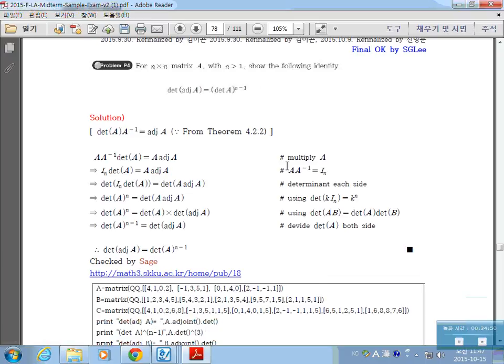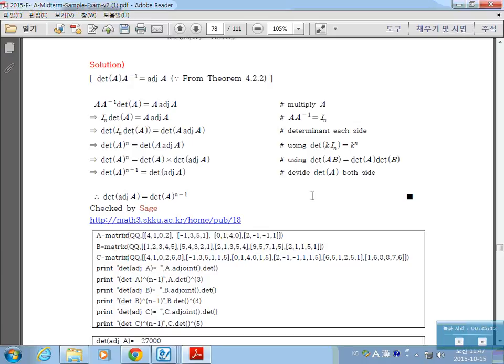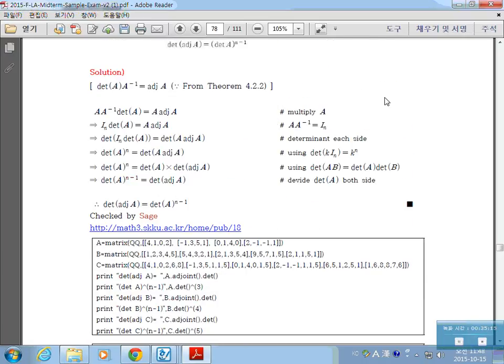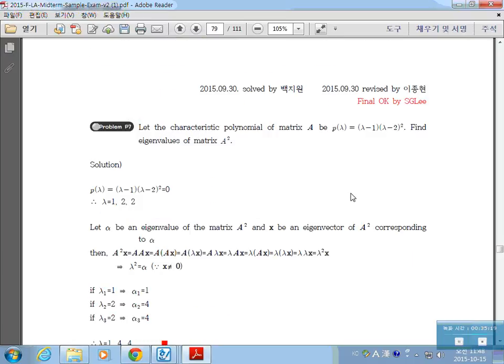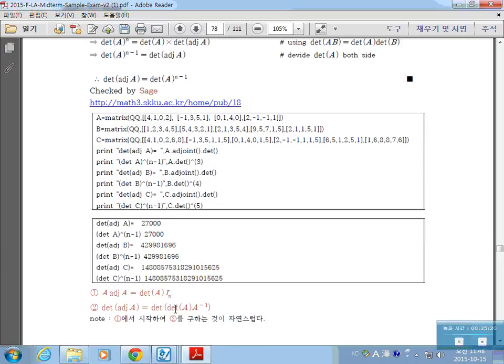But for singular matrix, we have to show it separately because we cannot use A inverse there. In that case, since determinant of 0 is equal to 0, 0 to the power n minus 1 is 0. But all you have to show is that the determinant of adjoint of A is also equal to 0 when determinant of A is equal to 0. So this is not really done yet. This is only half of it.